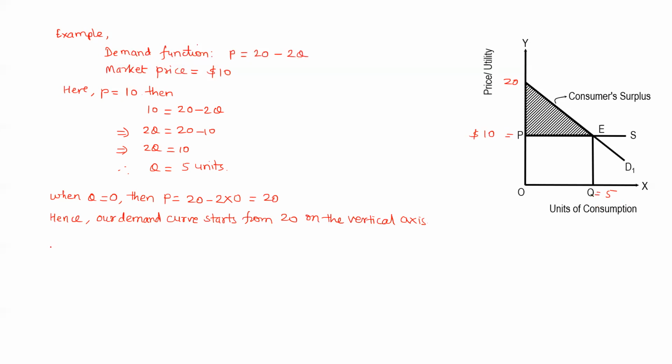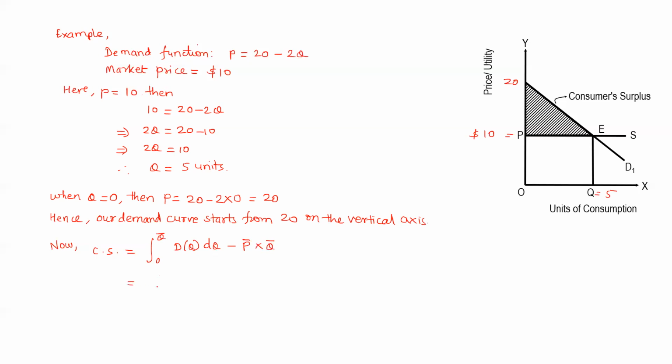Now let's find the value of consumer surplus. Let me write the formula once again: integral from 0 to Q bar of the demand function with respect to dQ, minus price multiplied by quantity.